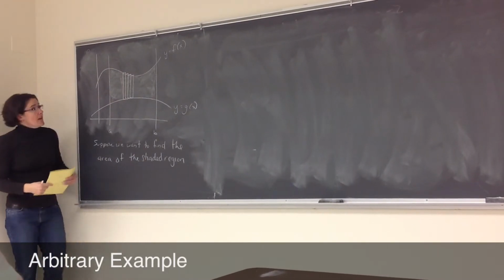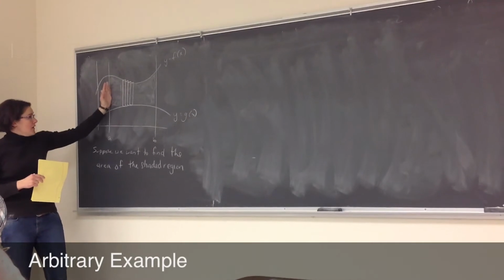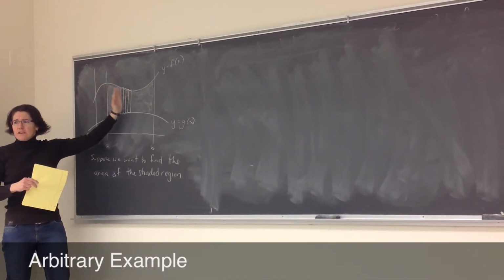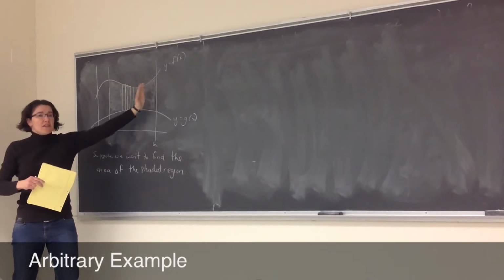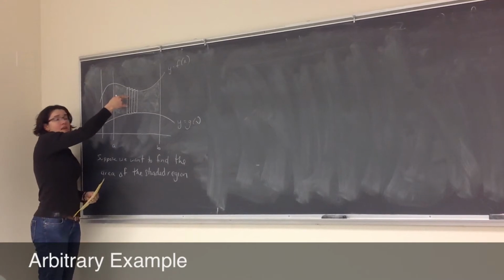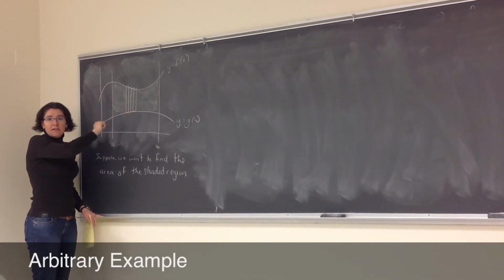Here they are. And if I break this entire region up into rectangles, I have rectangles all the way over here at an x value of a, and keep going until I get all the way to b. And then the idea is that I'm going to find the area of each individual rectangle, add them all up. It'll give me the area of my entire region.